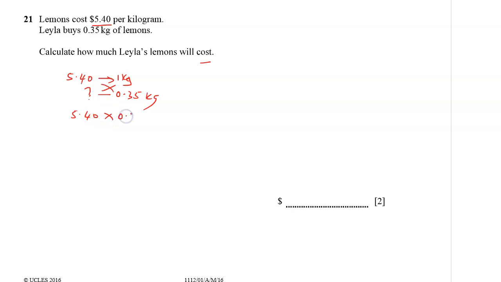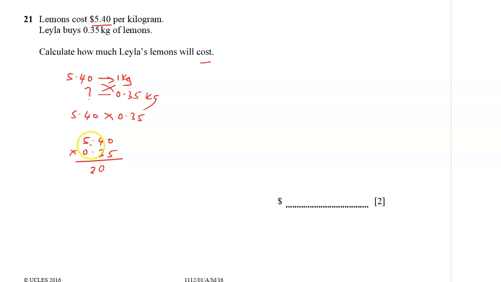times 0.35. And of course, you do long multiplication, which is 5.40 times 0.35. Of course, 3 times 0 gives you 0. This gives you 2.